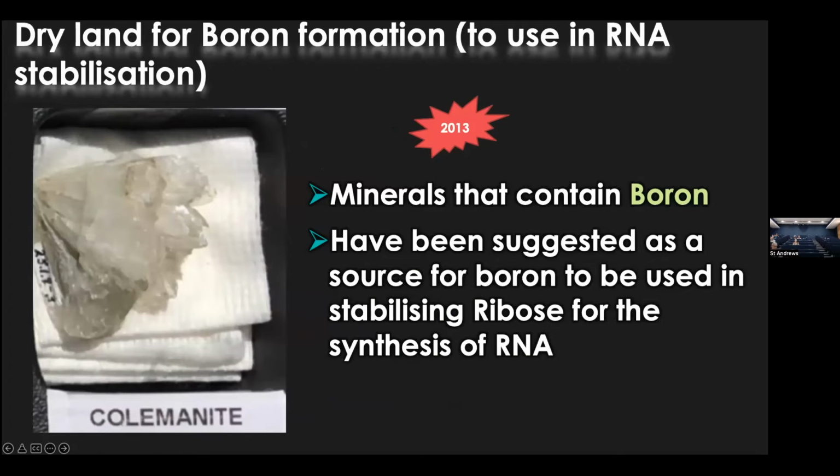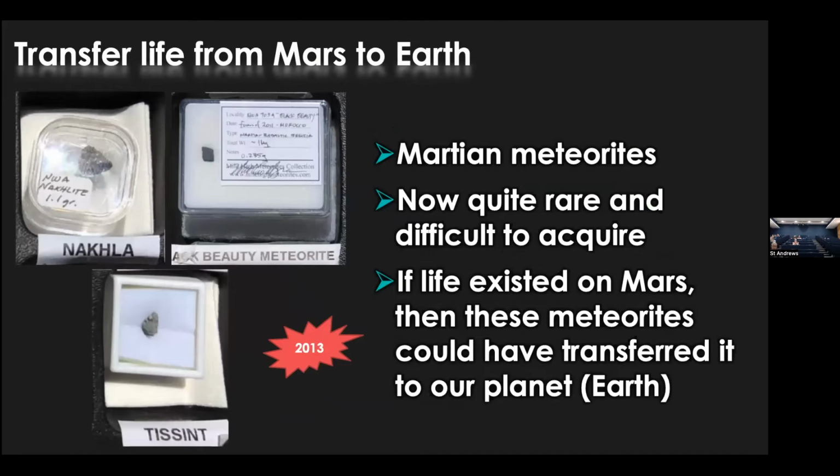This has been suggested, as I said, as a source for boron to be used to stabilize the ribose of RNA. So you could have seen also this mineral from very close if Bob could be with us. And also here you have three very important Martian meteorites, Nakhla, Black Beauty and Tissint, which are very rare and difficult to acquire, actually.